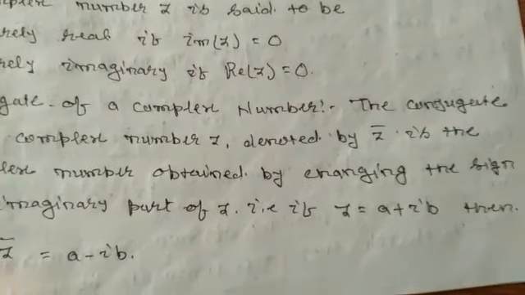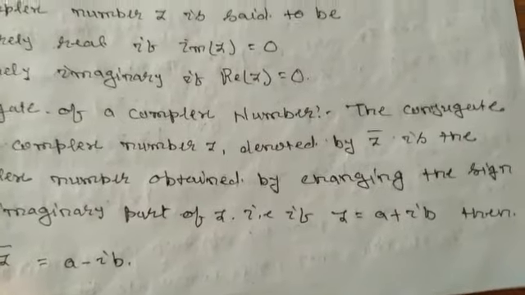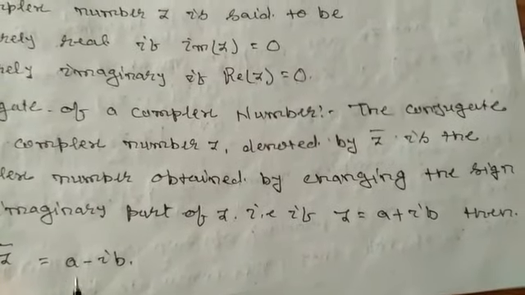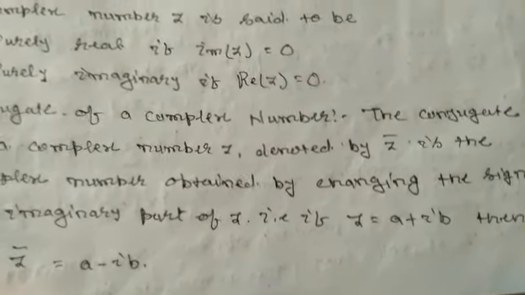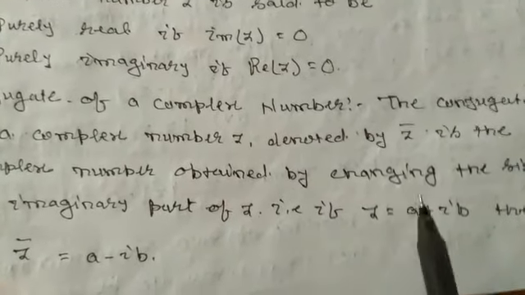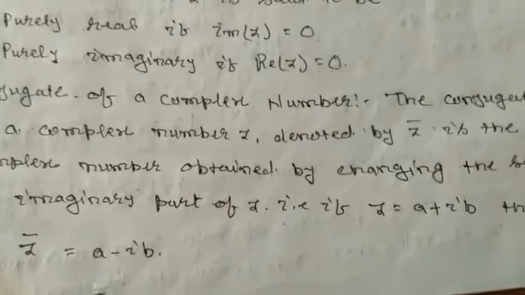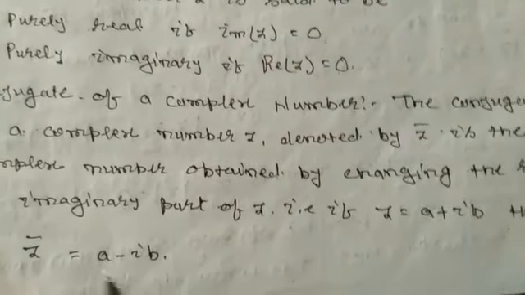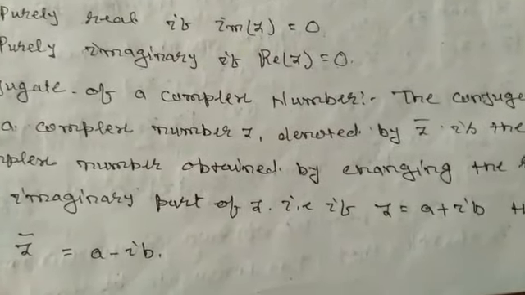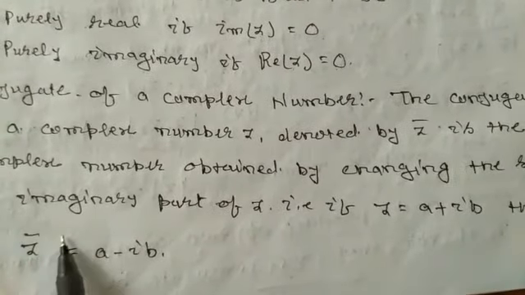The sign of the real part will be the same. So a minus ib is the conjugate of a plus ib, or you may also say a plus ib is the conjugate of a minus ib.